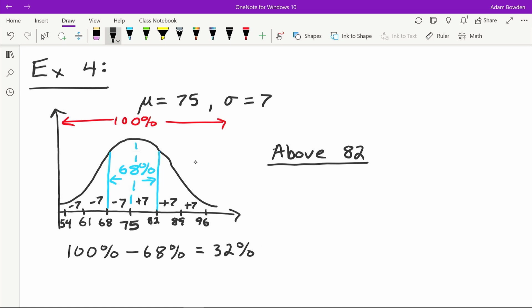We split that 32% in half between each side. So on the right side we'd have 16%, and on the left side we'd have 16%, so that it all adds up to 100%. So if we just want the area that sits above 82, according to this, that would be 16%.